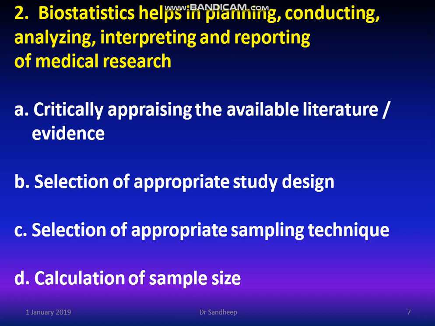So we have to look for the various research evidence or literature available through literature search. After getting the research evidence, we have to critically evaluate it. For critically evaluating or appraising the research evidence, we need the knowledge of biostatistics.